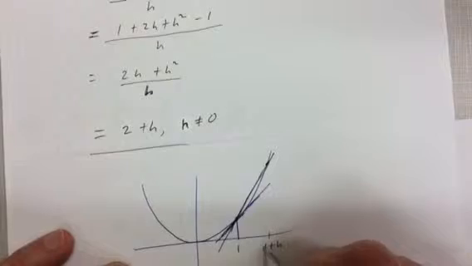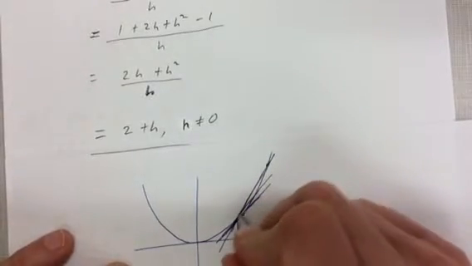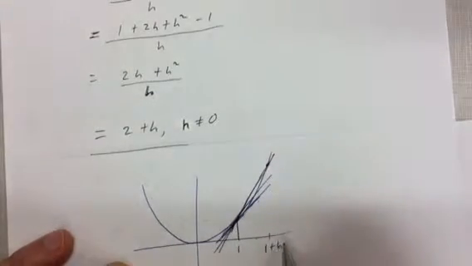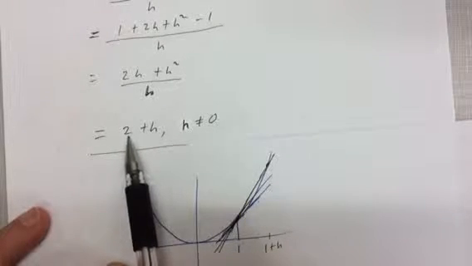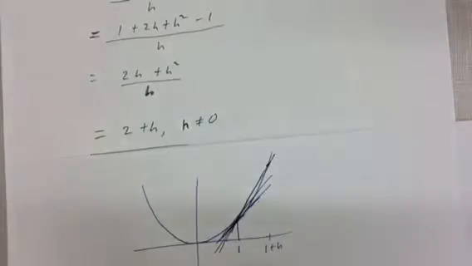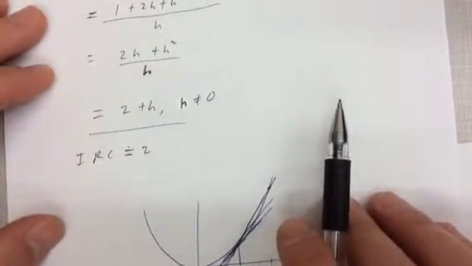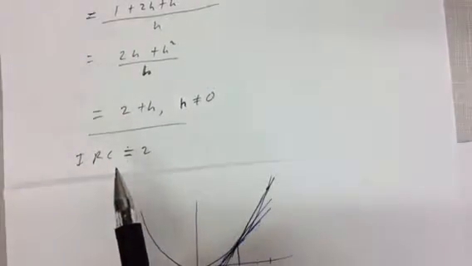As h gets close to 0, these secants get closer and closer to the tangent. So as h gets close to 0, we can see the pattern here. It must be approaching 2. If this works nicely like this algebraically, we can make really nice predictions that the instantaneous rate of change is 2 for that one.